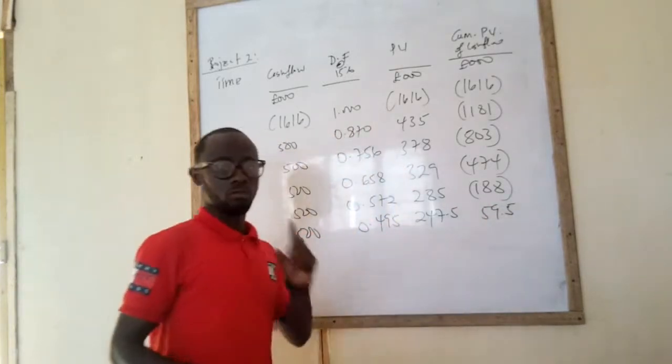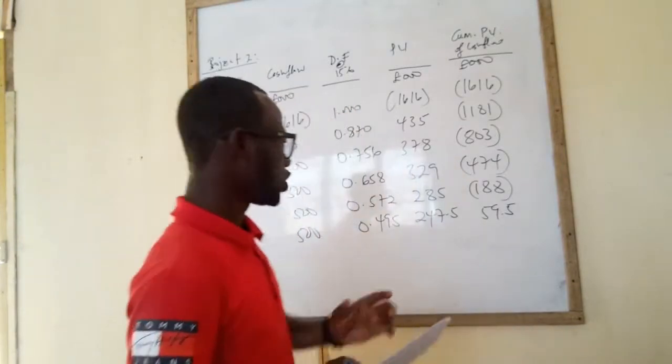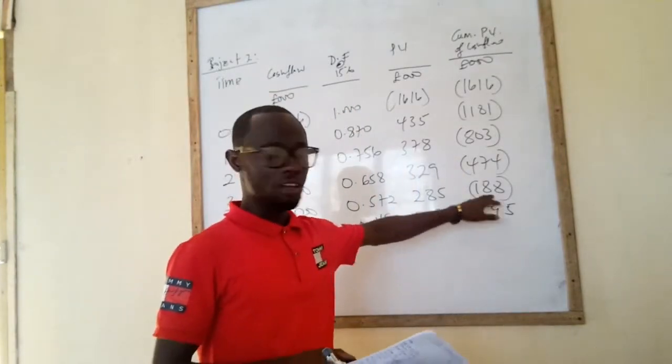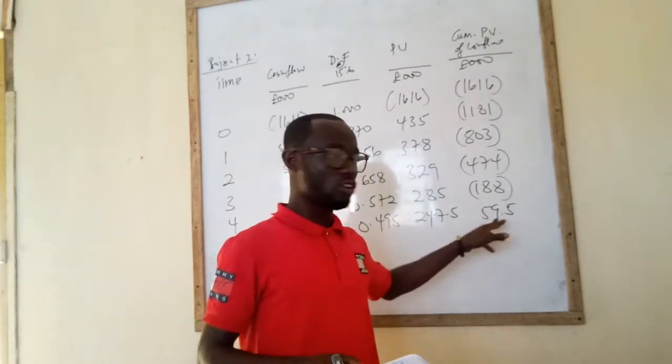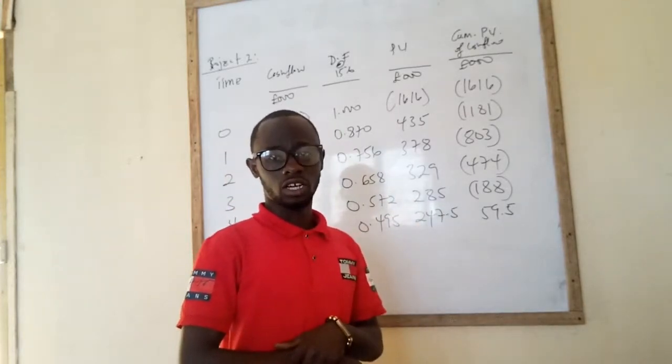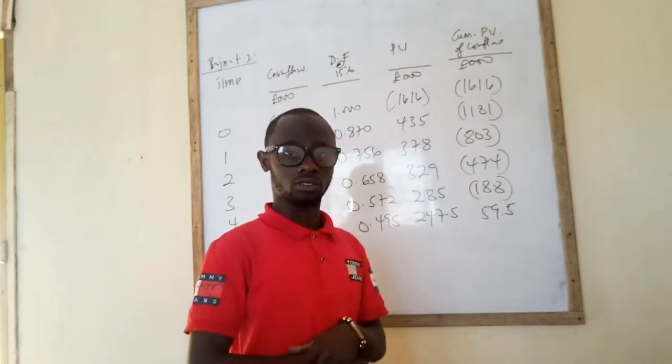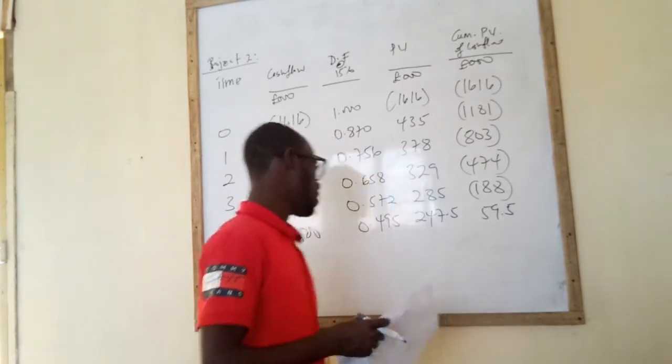So it means that for the project 2, the payback period is actually between the 4th year and then the 5th year. So technically, this project is giving us a net present value of only 59,500 pounds, right? 59,500 pounds.